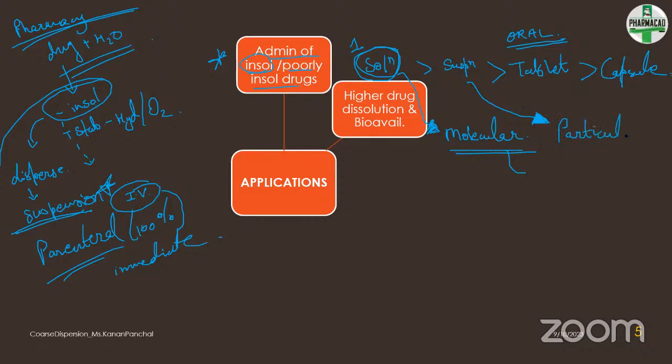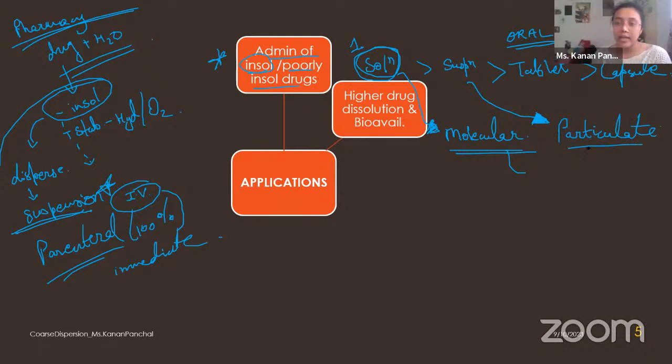Particulate. Okay, they are at the particulate level. So the solution, which is at the molecular level, will directly undergo absorption. Here it is at the particulate level, so first it will have to undergo dissolution. It will have to dissolve in your GI fluids and then it will be absorbed.